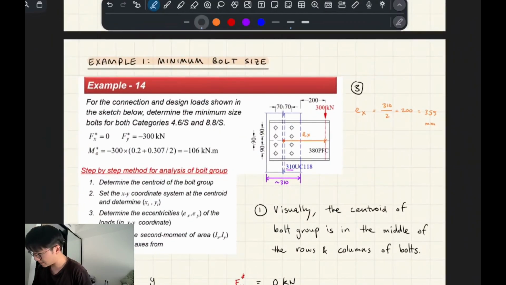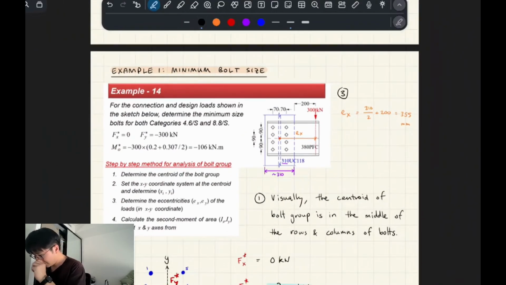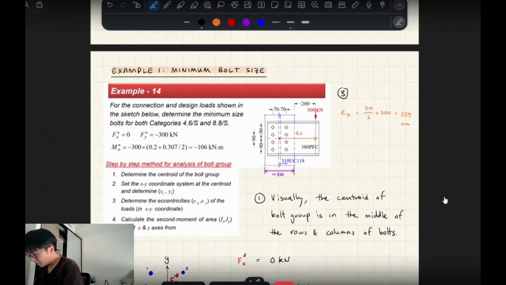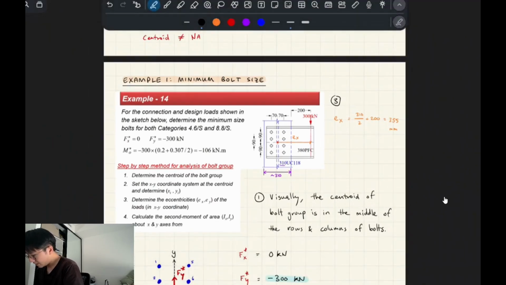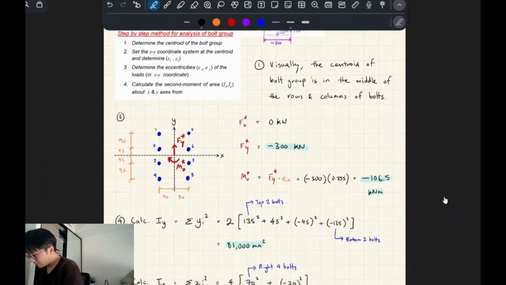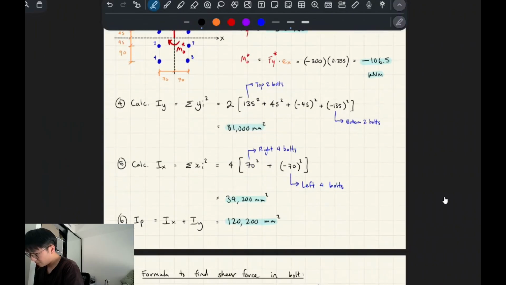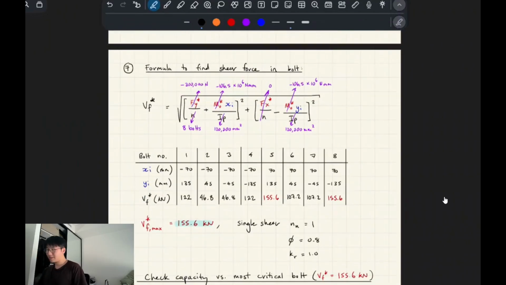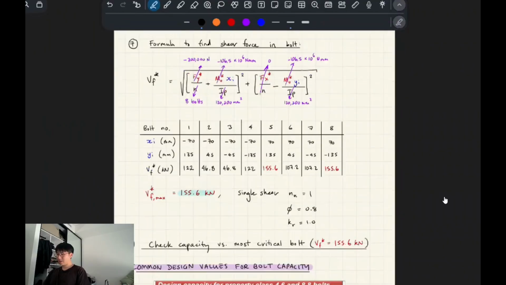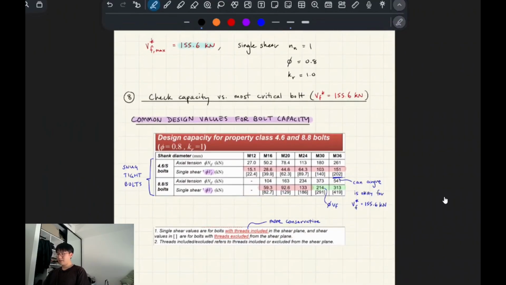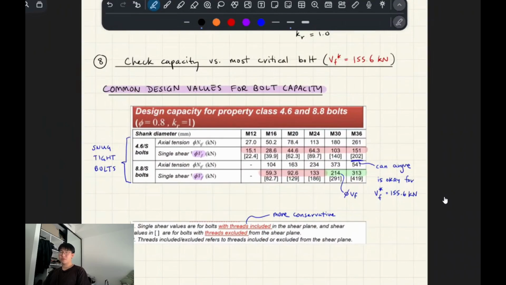Okay, example 1, minimum bolt size. So, sorry, I'm probably not going to be able to run through all these examples, but it'd be good for you to just follow my working to figure it out. The reason is I've also got to talk about the welds as well. But yeah, these are examples from 2023 when Hamid ran this course. So I'm not exactly sure how relevant this is now to taking the course this year.